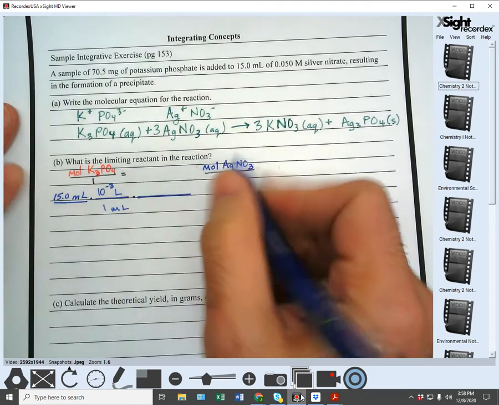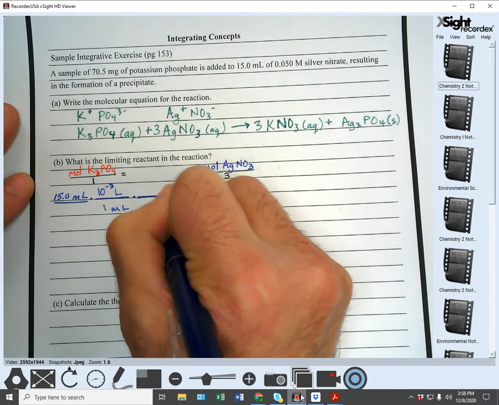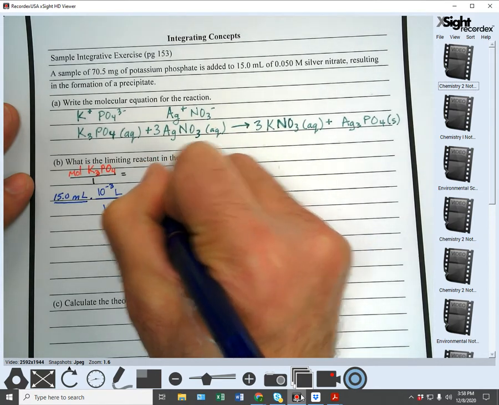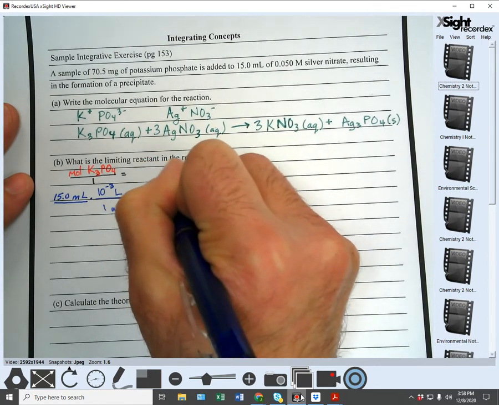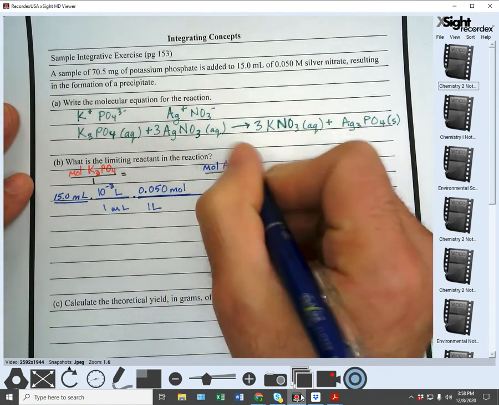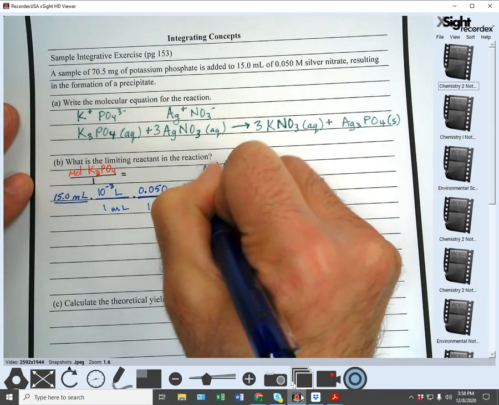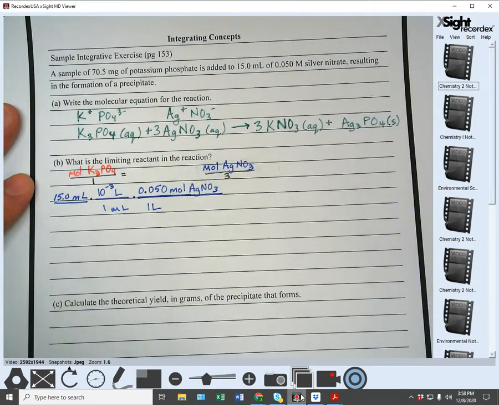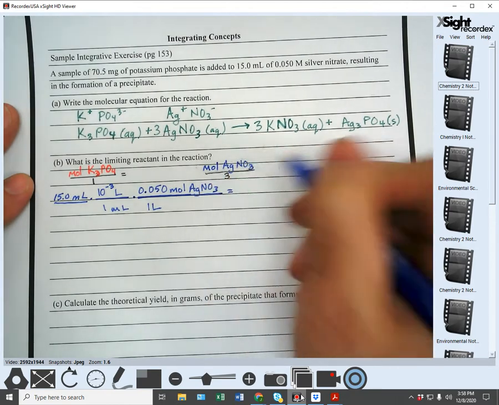So I'm going to go from liter to moles, 0.050 moles, and we're talking of the AgNO3. Okay, and that's what we want. We want it in moles, right? So equals, see what this comes out to be.